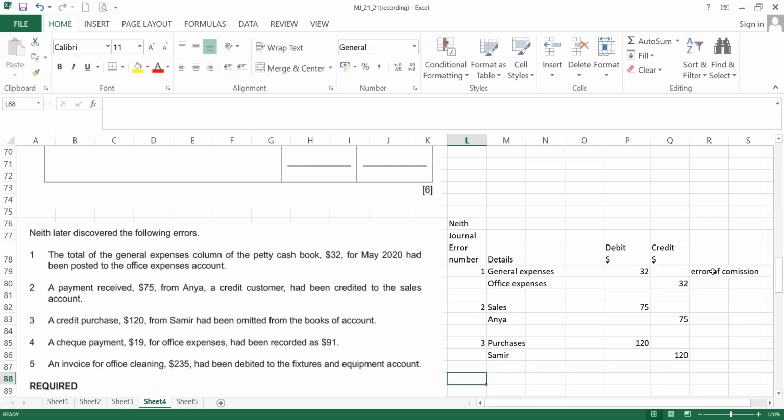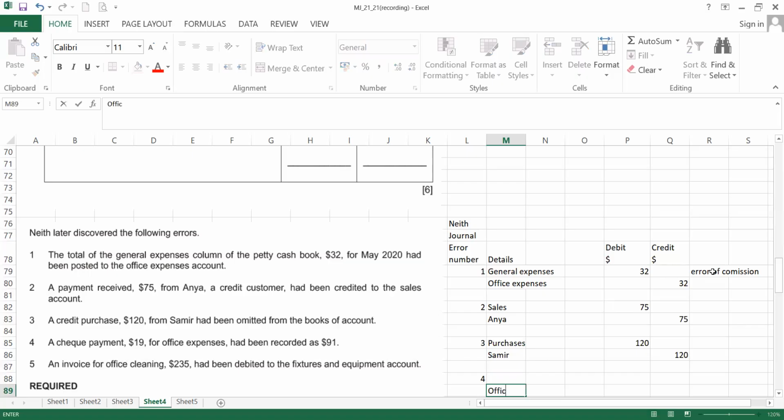Number 4, a check payment of 19 for office expenses has been recorded as 91. So the expenses account recorded 91. That means expenses is overstated, so we have to reduce the expenses.